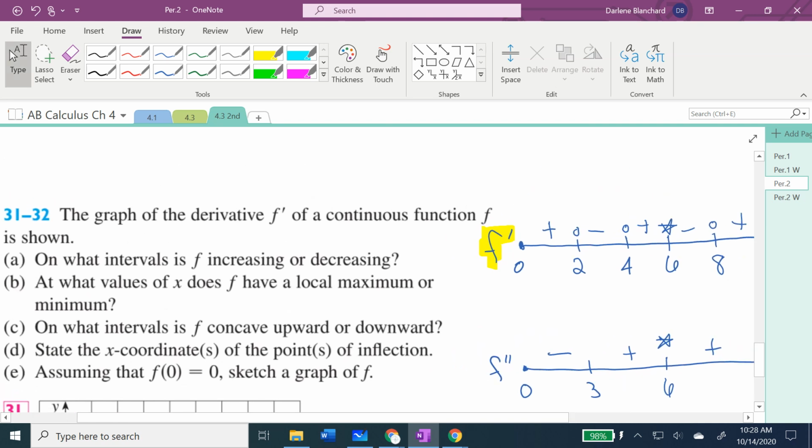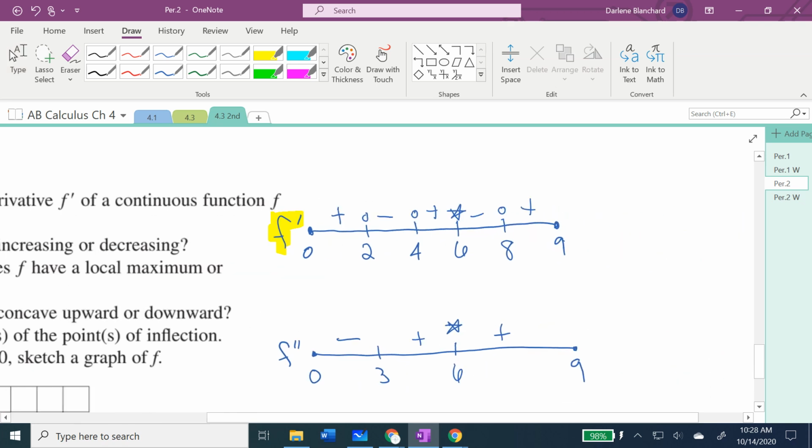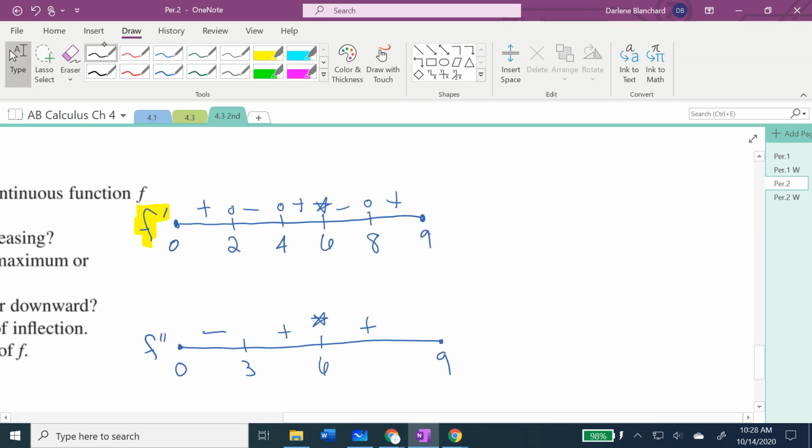So here are the varieties of questions. A, on what intervals is f increasing or decreasing? So what I'm going to do is write down letter A, f increasing/decreasing. On an AP exam, it's a good thing to just write down what that means you're looking for. If f is increasing, that means f prime is greater than 0.